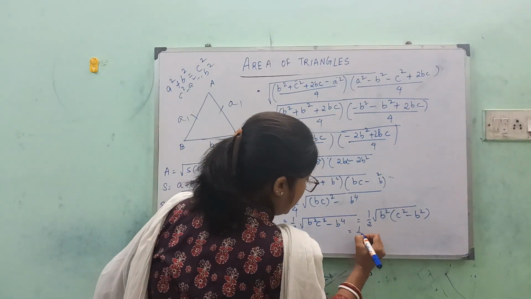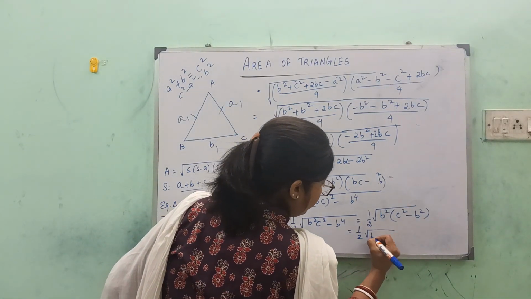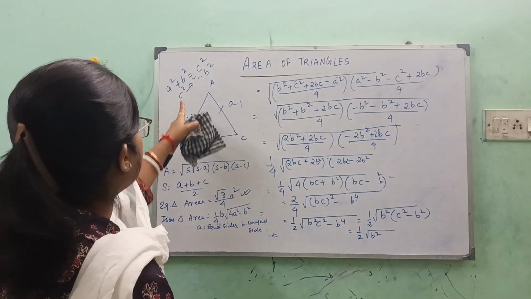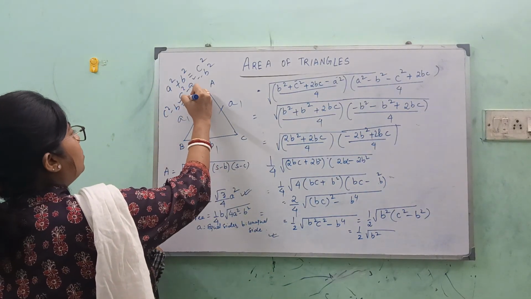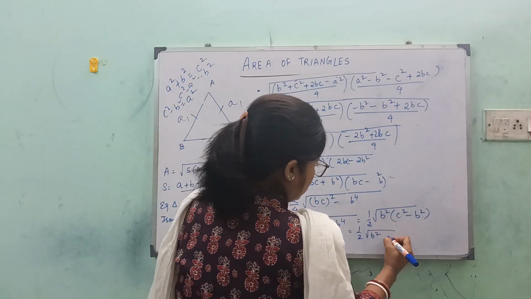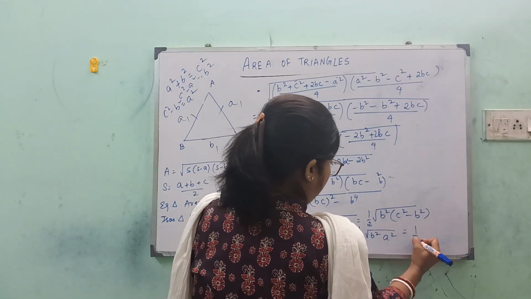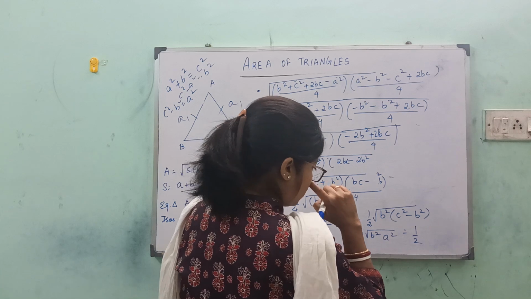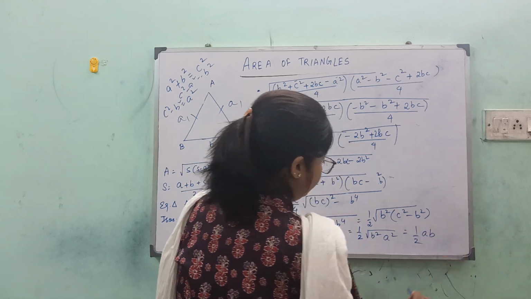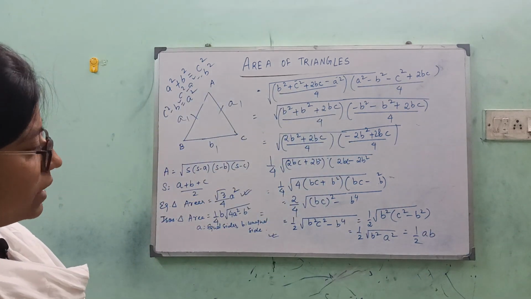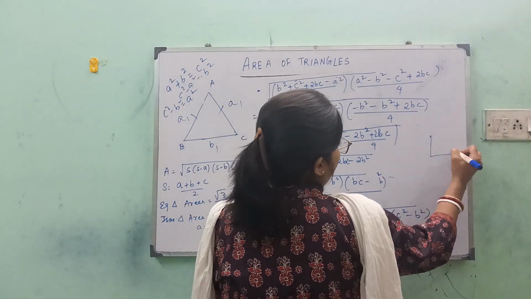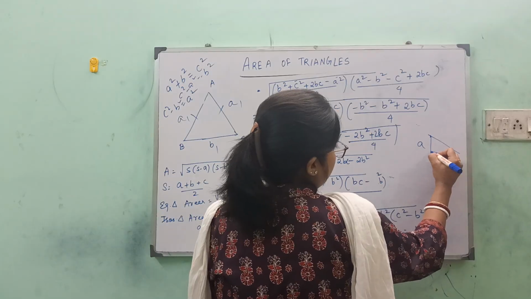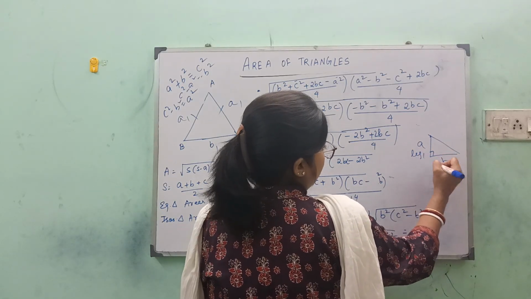So this becomes half of square root of b² into c² minus b², which will be a². From here if you see c² minus b², that is equal to a². So this is a². So half square root of a² and b² will be ab. Square root of b² will be b and square root of a² will be a. So half ab. Now in your triangle, if you remember, this was a and this was b. This is leg 1 and this is leg 2.